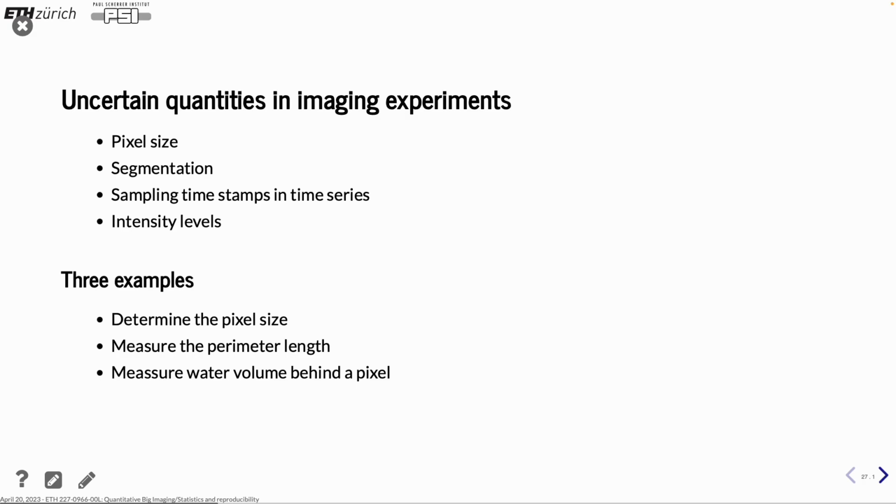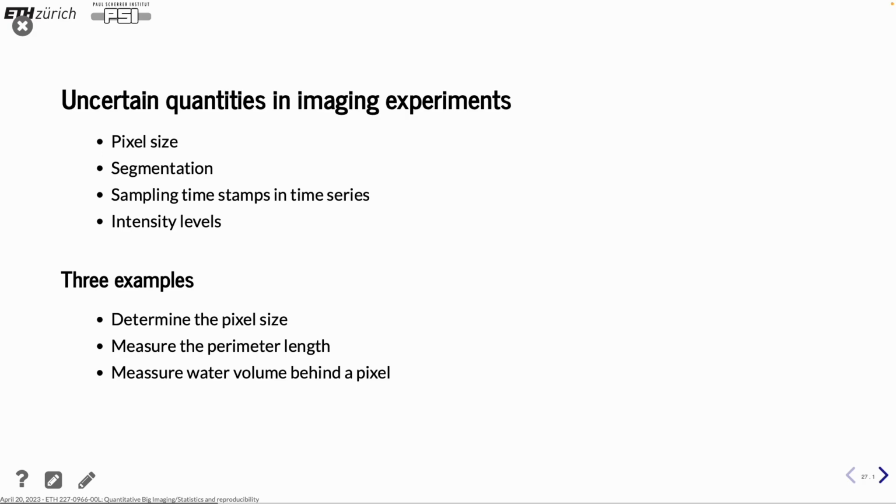Now I have 3 examples where I want to show how to propagate these errors. So the first one is to determine the pixel size. It's not always certain what pixel size you have. In our experiments, we actually measure the pixel size for every experiment to be sure what we have. So every time we change the focus of the camera, that gives us a new pixel size.